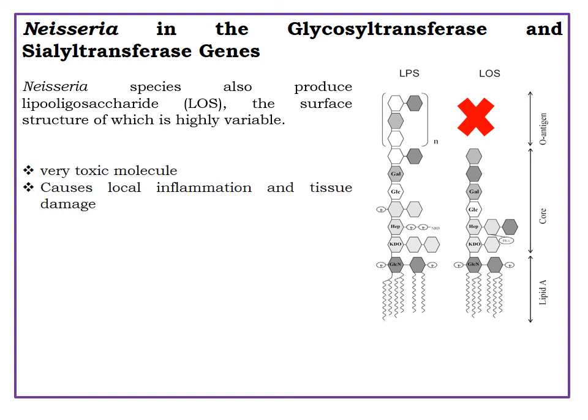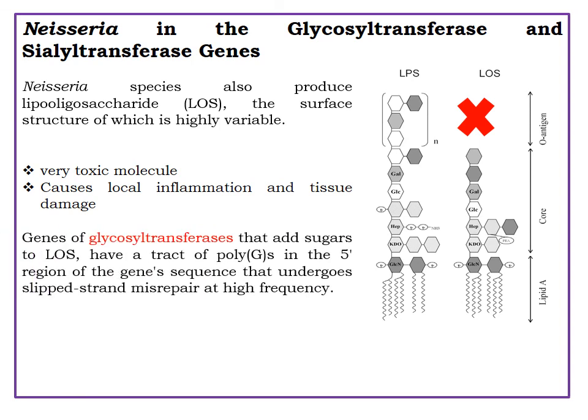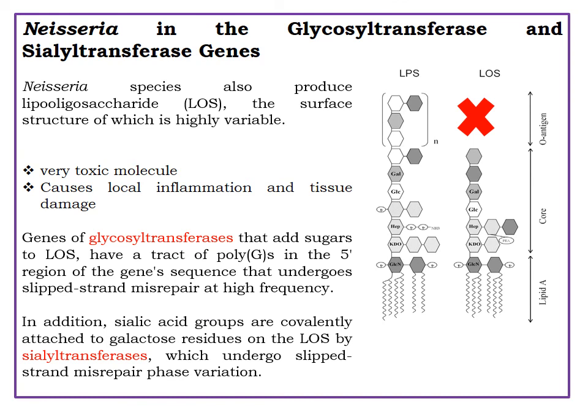Genes of glycosyltransferases that add sugars to LOS have a tract of poly G in the 5' region of the gene's sequence that undergoes slipped strand misrepair at high frequency. In addition, sialic acid groups are covalently attached to galactose residues on the LOS by sialyltransferase, which undergoes slipped strand misrepair phase variation.